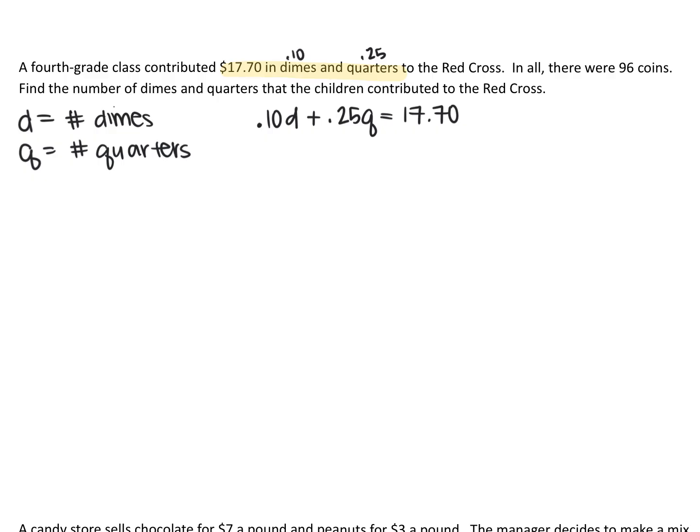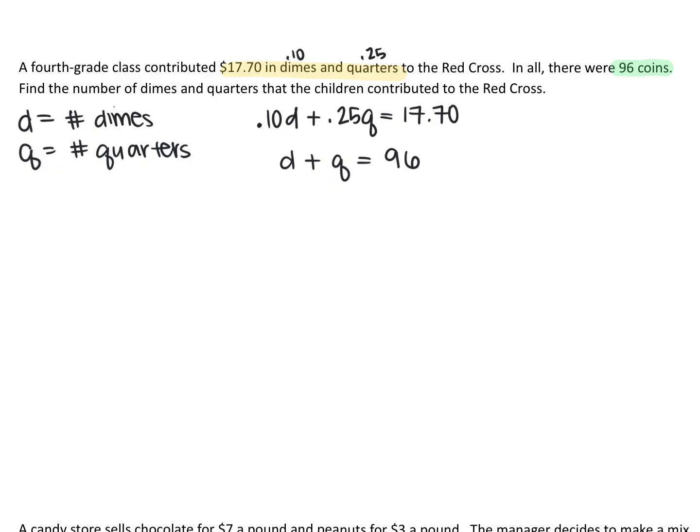So unlike the previous example where we explicitly knew the cost, this time if we have money like dimes and quarters, nickels and dimes, pennies could be thrown in there, you have to know how much those coins are worth. The second equation comes from the fact that we had a total of 96 coins. So our number of dimes and quarters, so D plus Q equals 96.